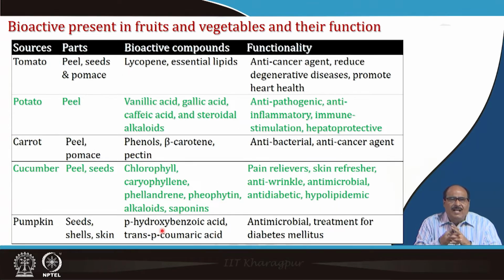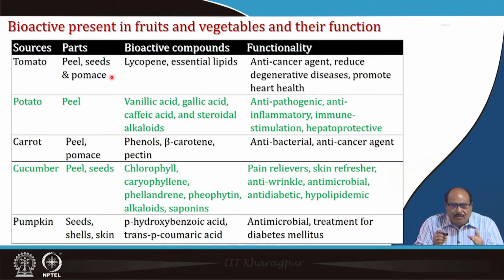So, this slide presents the major bioactives present in fruits and vegetables and their function, particularly in fruit and vegetable waste. For example, when tomato is processed for juice or ketchup or such other things, the peel, seeds and pomace finally emerge as waste.